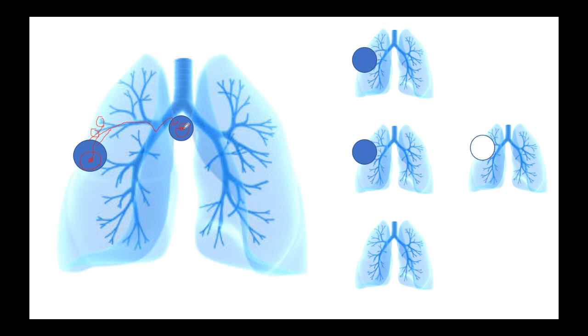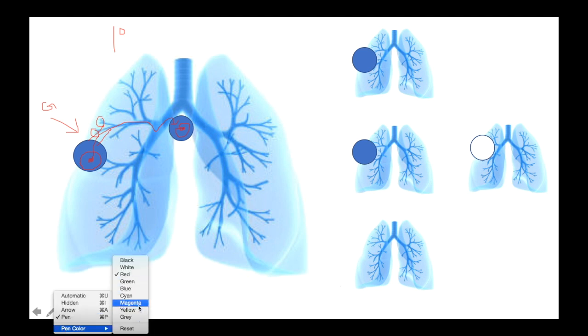So with a primary infection, which is what we're going to see here, you are going to see a granuloma formation going on. And within that granuloma, let me change the color here, you're going to see caseation going on inside.